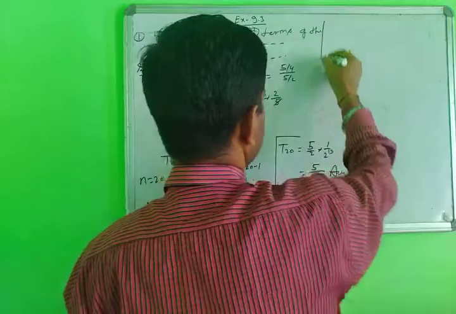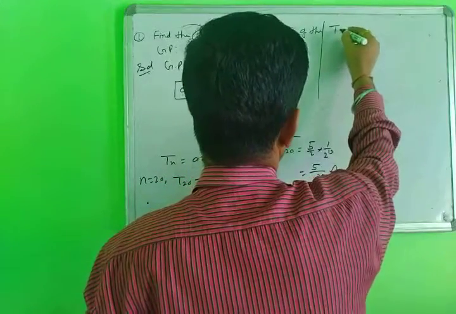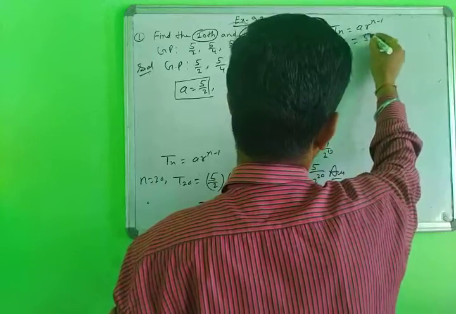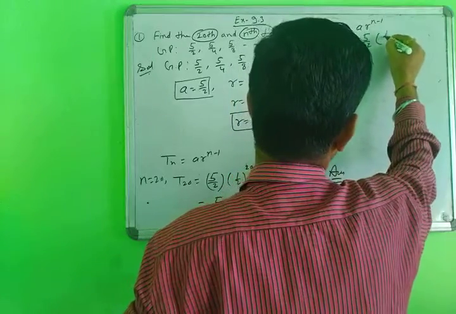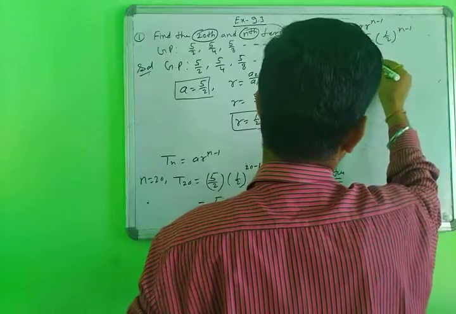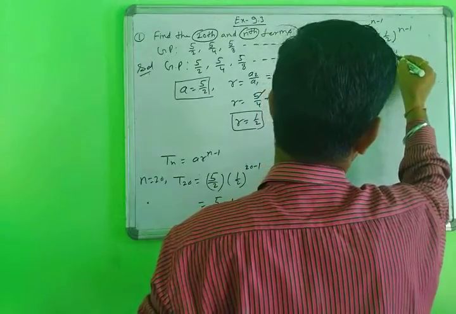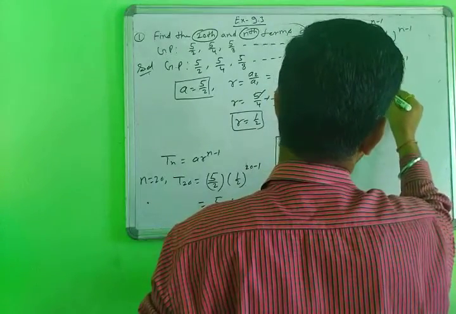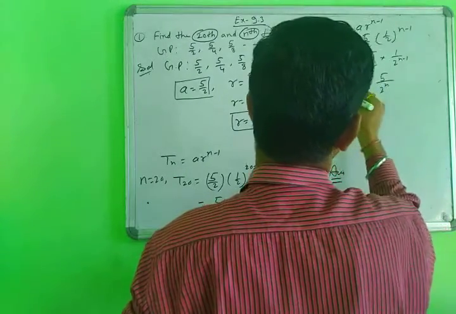Second thing: Tn equal to A R to the power n minus 1. The value of A is 5 by 2 and the value of R is 1 by 2, so Tn equal to 5 upon 2 into 1 upon 2 to the power n minus 1. Same thing here, you multiply the 2 and 2 to the power n minus 1. This is the value of your nth term.